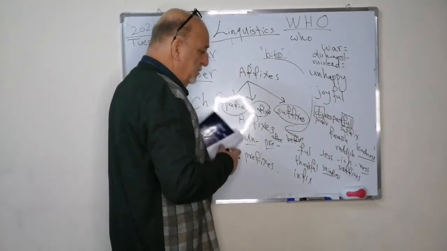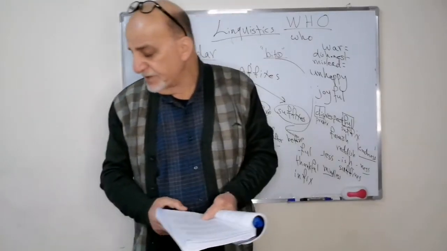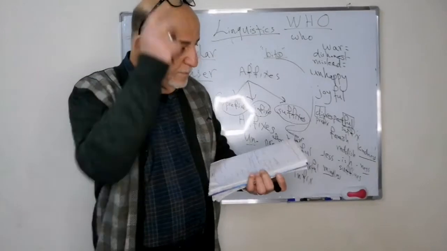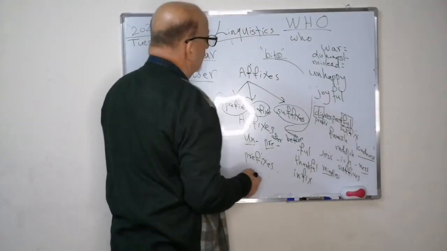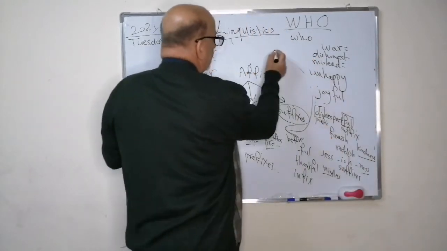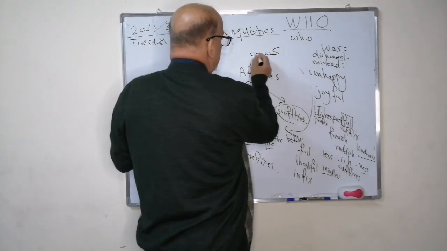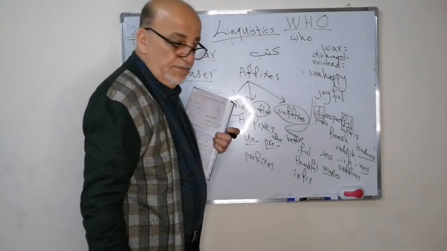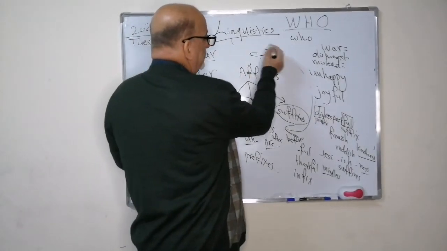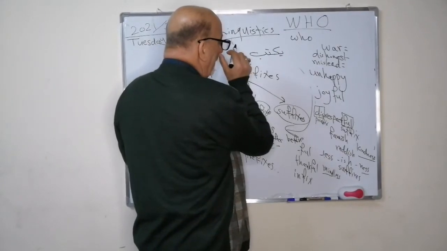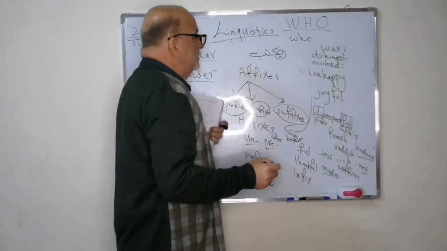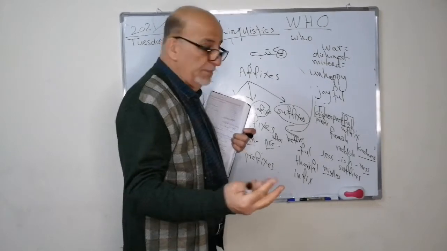Let's take an example from Arabic. Take for example the verb كتب. Now this is past, I say يكتب. What is this? This is a bit, a morpheme.